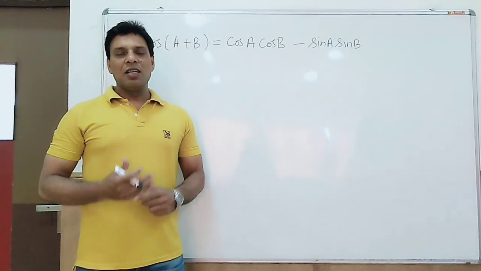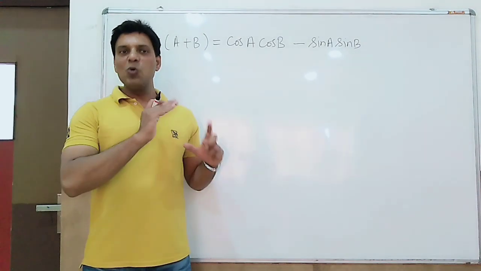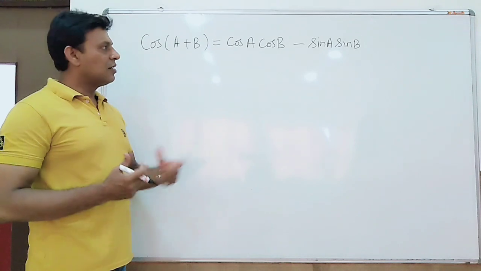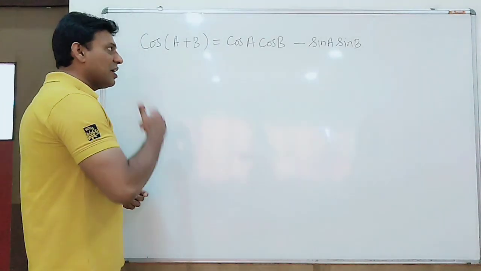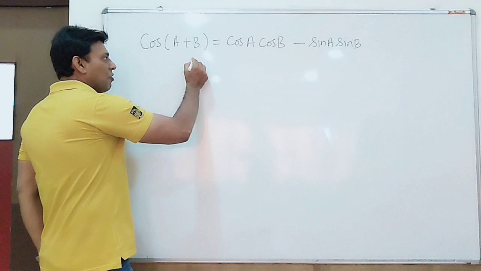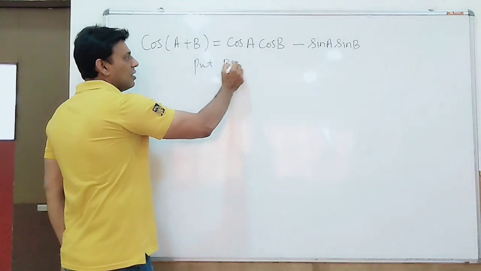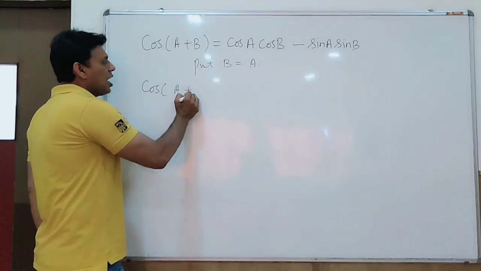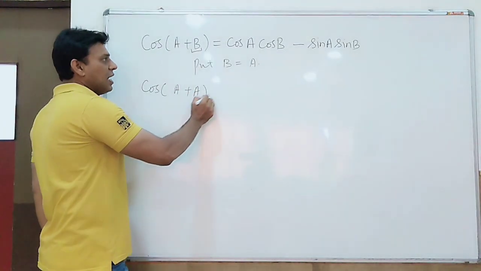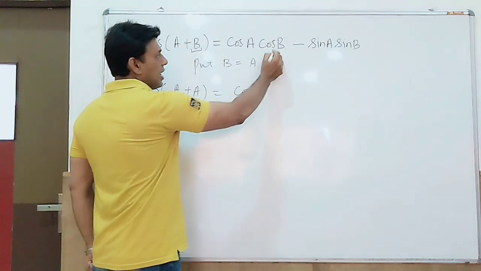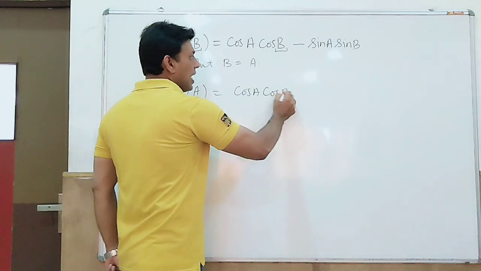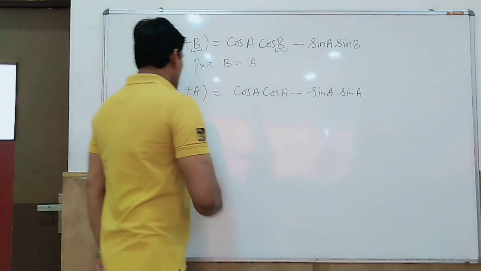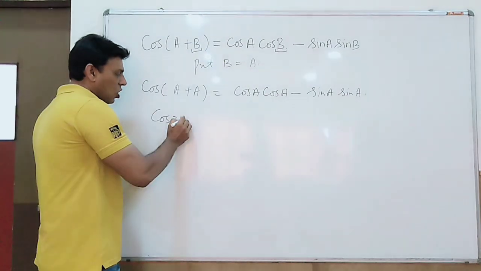Now we will make the formula for cos 2A. We will use the formula of A plus B: cos A plus B is equal to cos A cos B minus sin A sin B. As in the previous case, we will put B equal to A. So on the left hand side we will have cos A plus A, which is cos 2A.